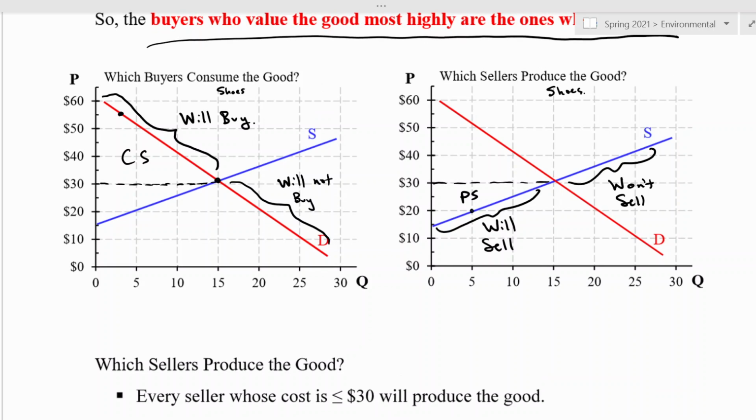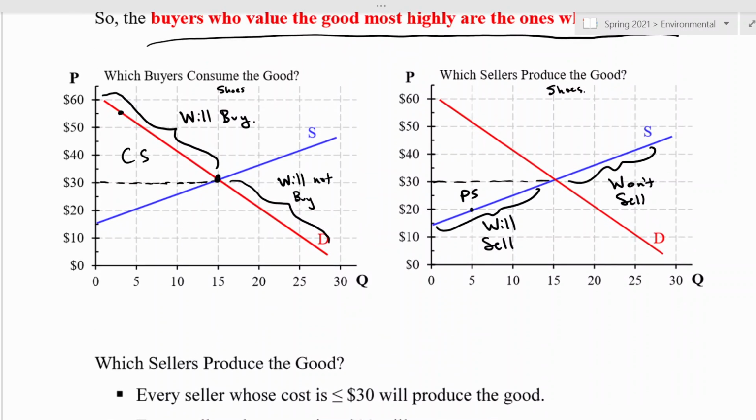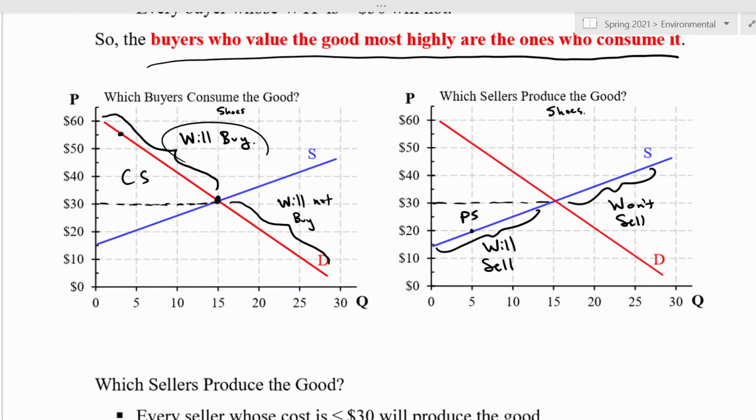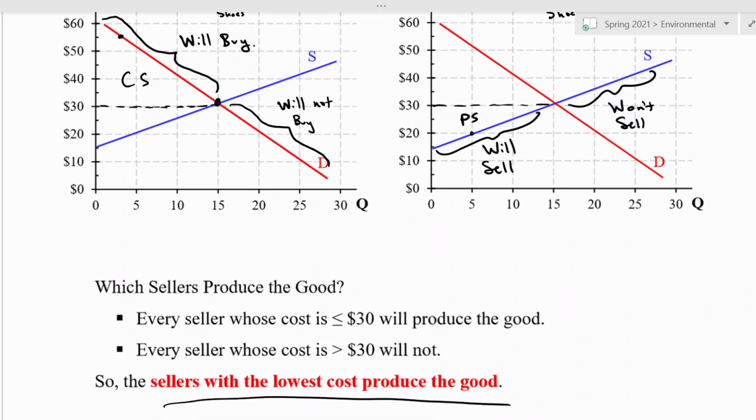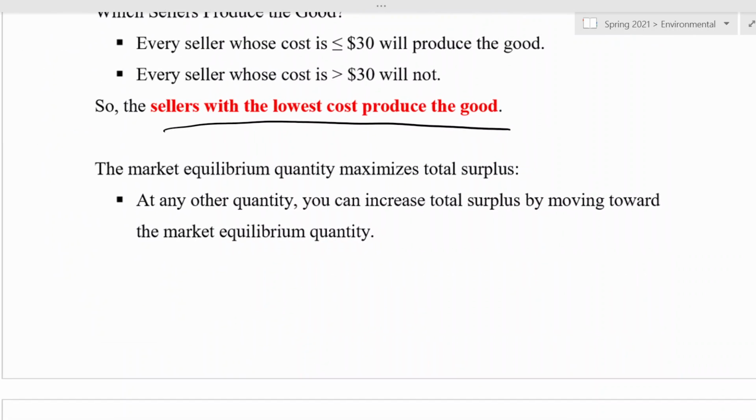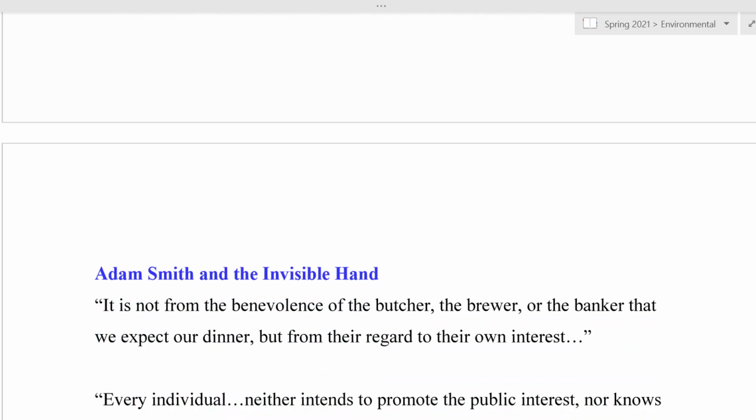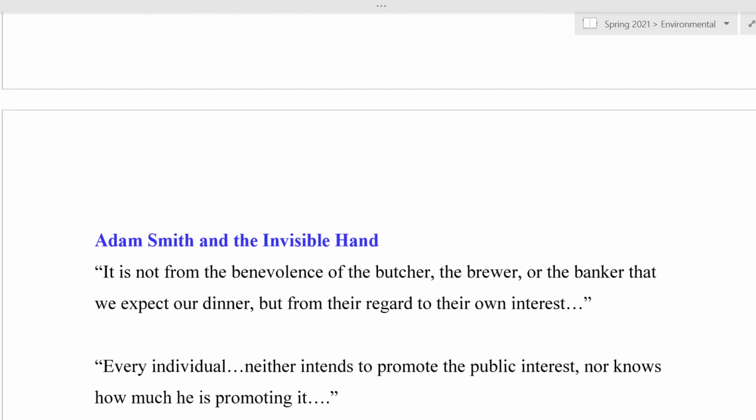If we had a quantity here, which we'll talk about in our next set of lectures on taxation and the welfare impacts of taxation, if we're at some allocation that's not the market equilibrium, we're going to have a mismatch between the valuation and the costs that don't line up with the individual values and individual costs.